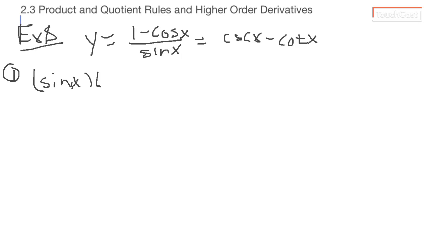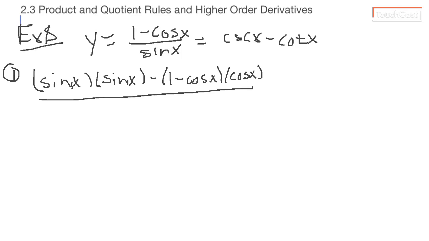We'd have negative sine x, so we're going to have a sine x. Minus, we take the top, 1 minus cosine x, and we multiply it by the derivative of the bottom. Sine x's derivative is cosine x. And we put that over sine squared x.